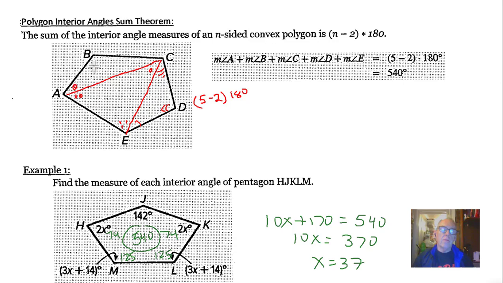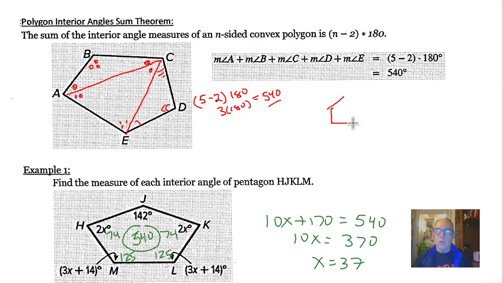So altogether, these angles are going to add up to whatever 3 times 180 is, which is 540, because it's a pentagon. A hexagon would have 6 take away 2, or 4 times 180 for the number of degrees.